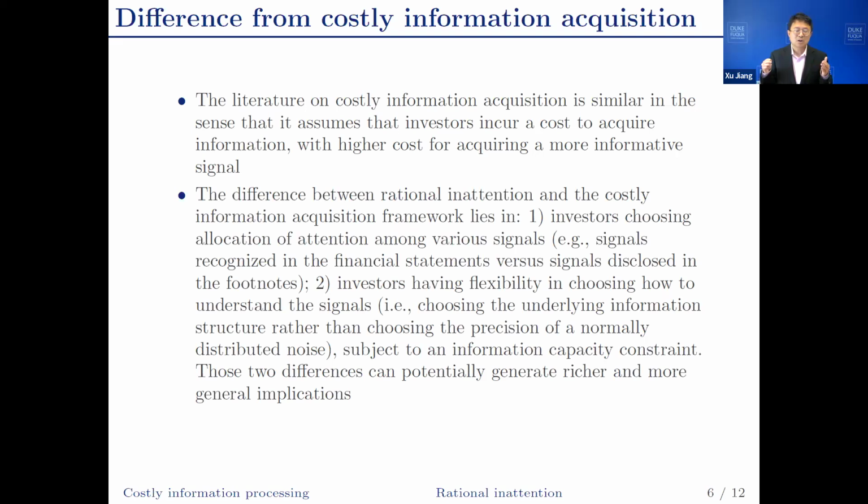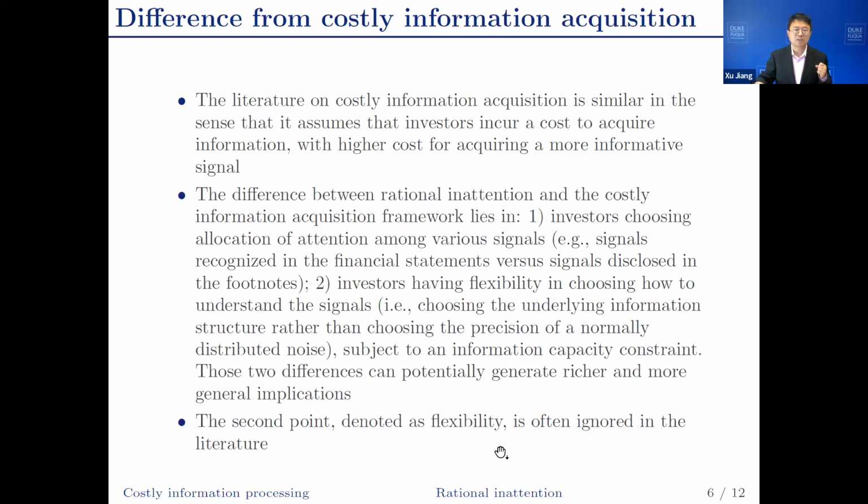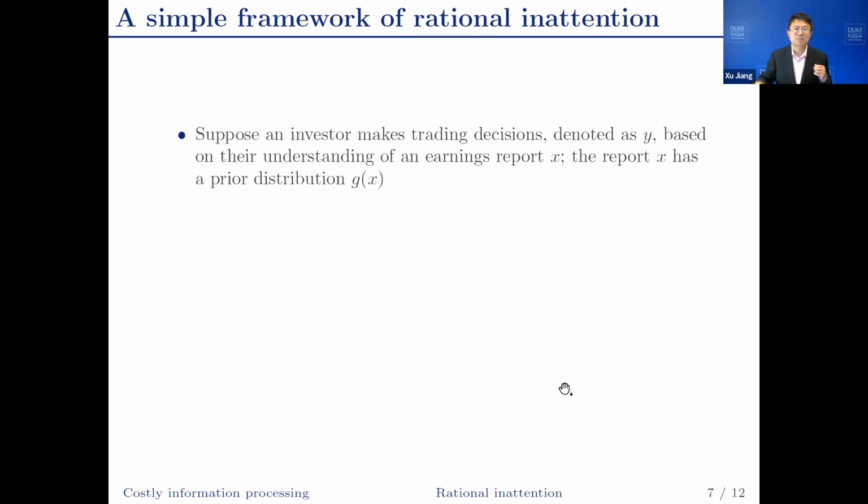They choose where they want to understand more and where they understand less, rather than just choosing the precision of a normally distributed noise, as in standard costly information acquisition models. And they make this flexible choice subject to an information capacity constraint. Those two differences can potentially generate richer and more general implications. The second point, which we call flexibility, is so far most often ignored in the literature.